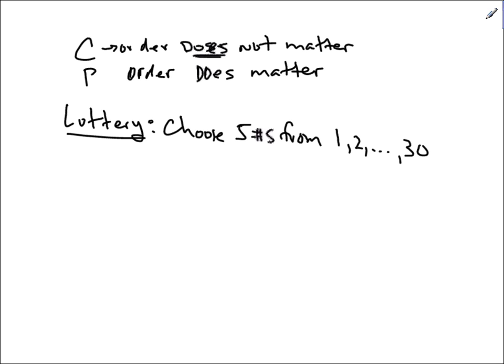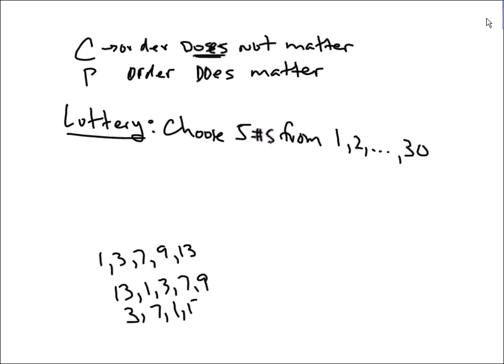Now, if you think about it, if the 5 numbers are 1, 3, 7, 9, and 13, well, if your card says 13, 1, 3, 7, 9, you're a winner. If your card says 3, 7, 1, 13, 9, you're a winner.